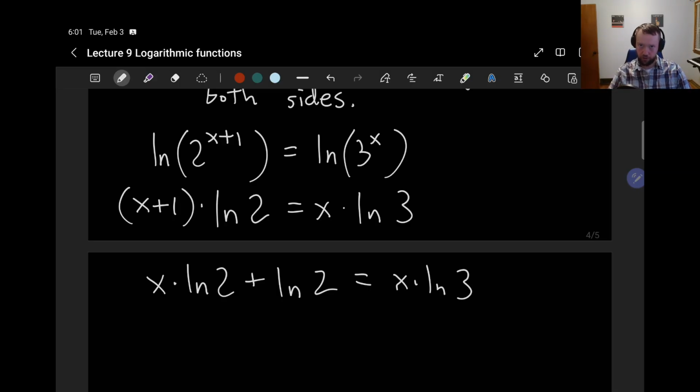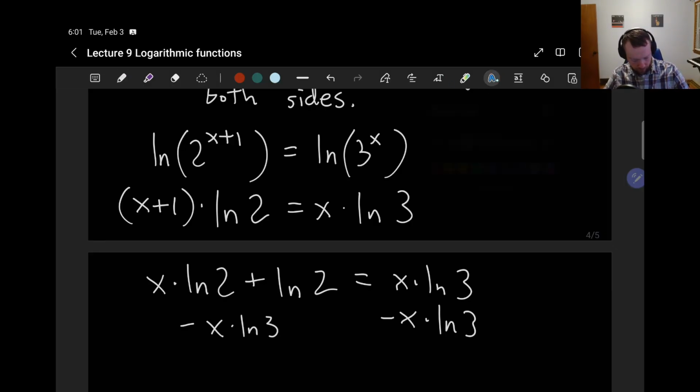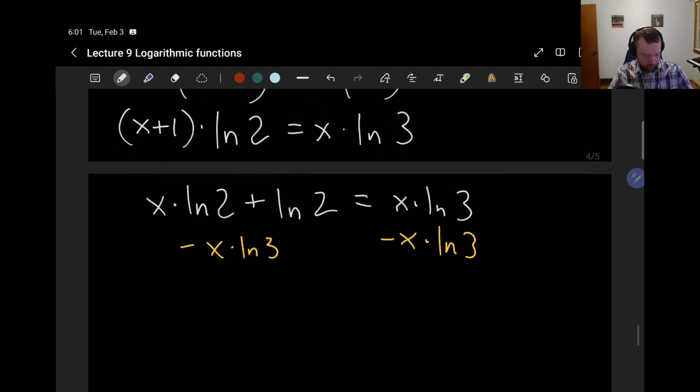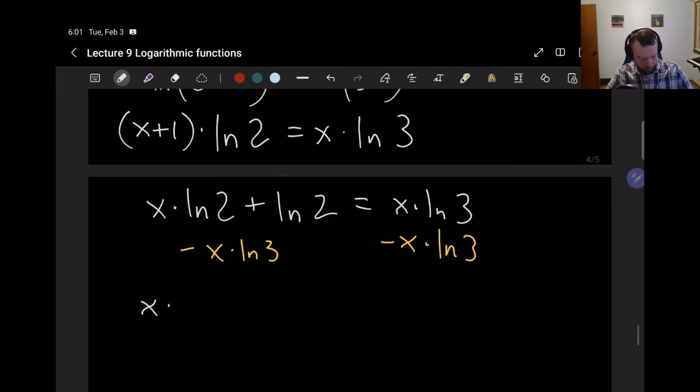Now let's put the x terms together. I'm going to subtract this from both sides. Okay, that's my operation I'm doing. I'm trying to get the x terms together.